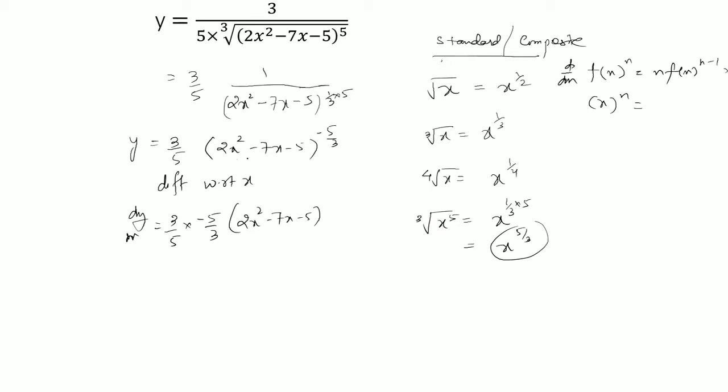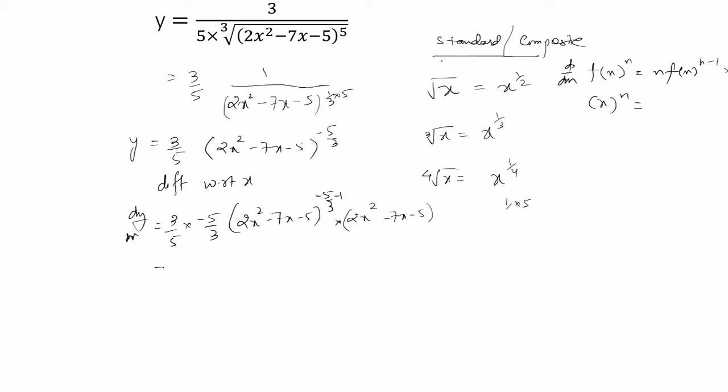So this entire part is your f of x. So minus 5 by 3 into f of x raised to minus 5 by 3 minus 1 into the derivative of 2x square minus 7x minus 5. We have to find the derivative of this part.